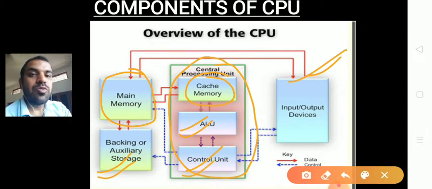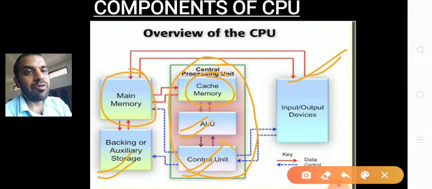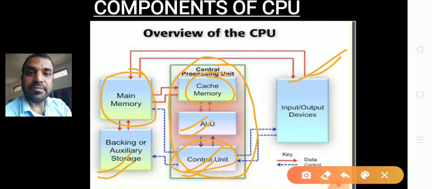Control unit is used to give permission to complete the process. There are so many processes you can send to the computer system, so the control unit decides which process is most important for the processor. Just like your mom always decides which process is most important, that will go on, and other processes will go to the hold position.